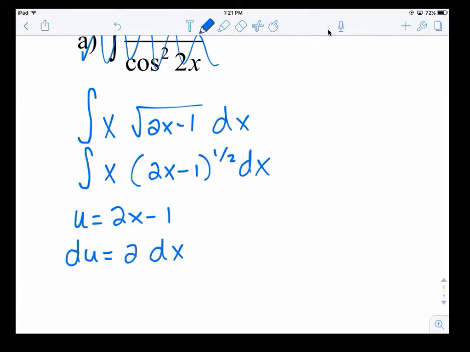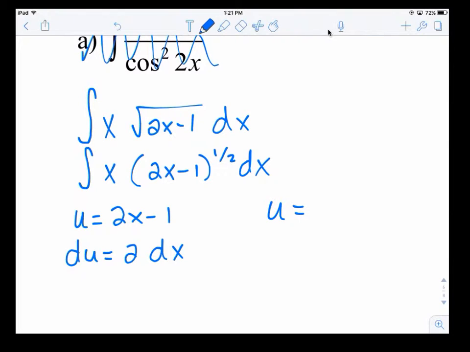Now, exactly, there's no 2 there, and we have this x, right? This is another separate function, okay? So what I want to do is put both of these in terms of u, instead of in terms of x. I'm going to take what I've designated to be the u function and solve that for x so that it tells me what x is equal to in terms of u.